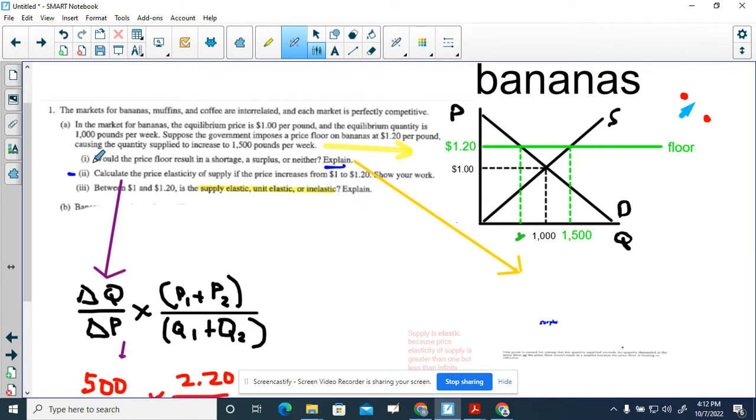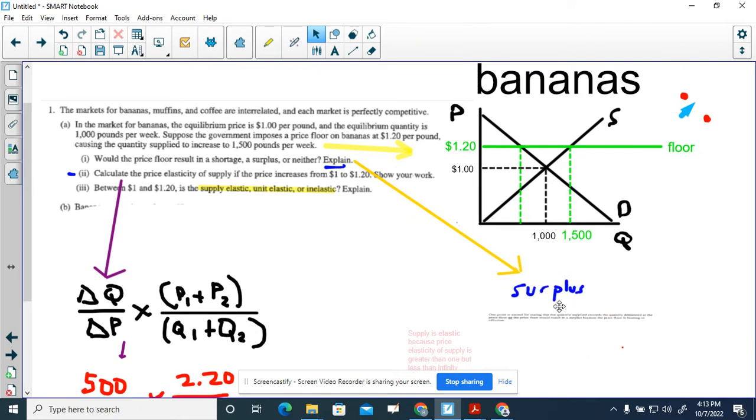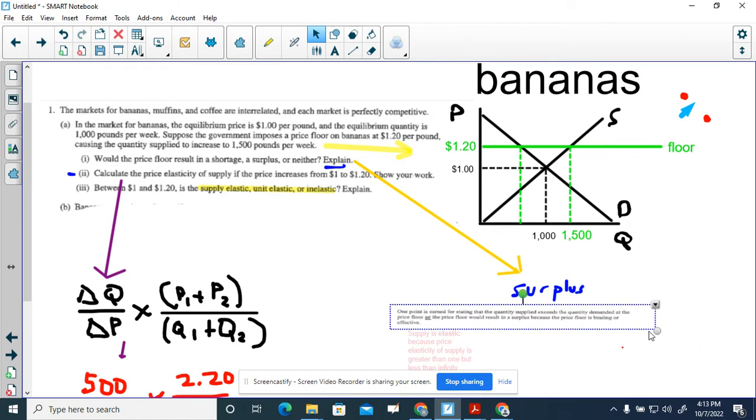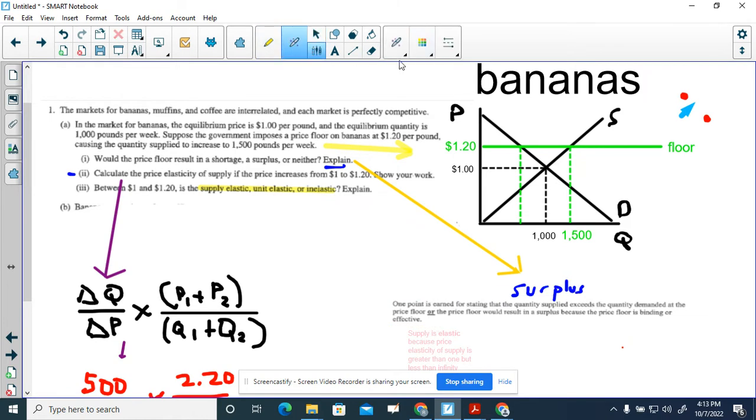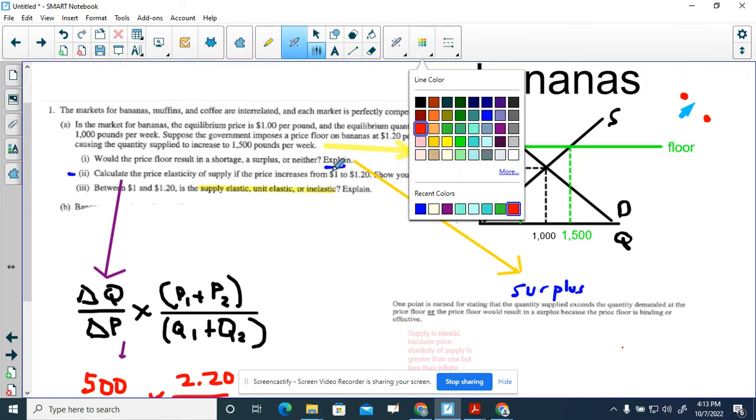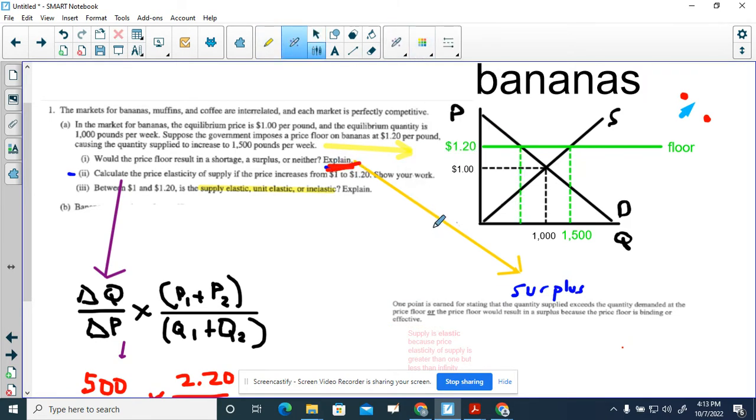Now, number one, would the price floor result in a shortage, a surplus, or neither? The answer is that because quantity supplied is greater than quantity demanded, this is a surplus. We want to be careful with this question. It does ask us to explain. Let me make sure I emphasize this: you were asked to explain.